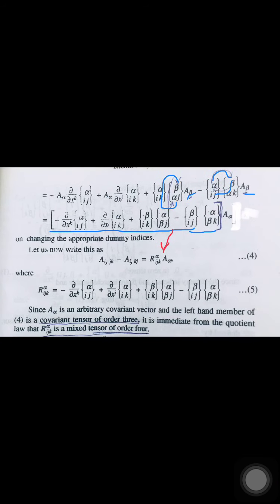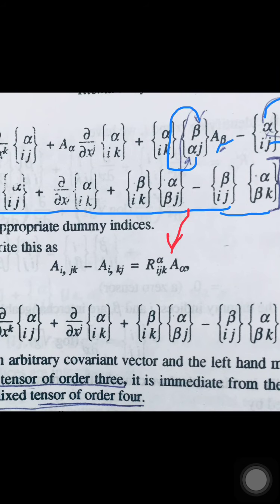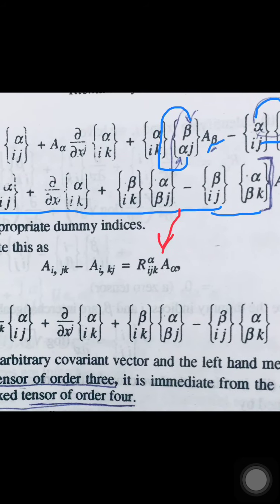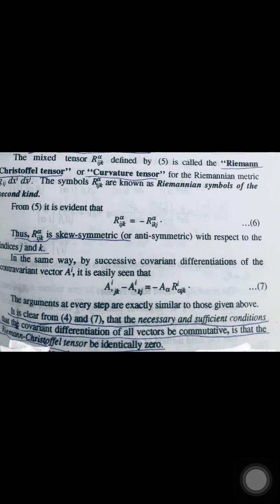Similarly, from equation 4, if R^alpha_{ijk} becomes 0, then a_{i,jk} equals a_{i,kj}. So it is again symmetric in j and k when the Riemannian Christoffel tensor vanishes. This is the necessary and sufficient condition: the Riemannian Christoffel tensor should vanish, identically 0. This is an important question.